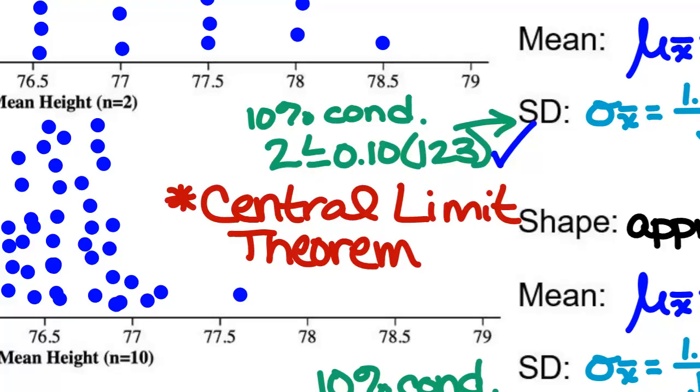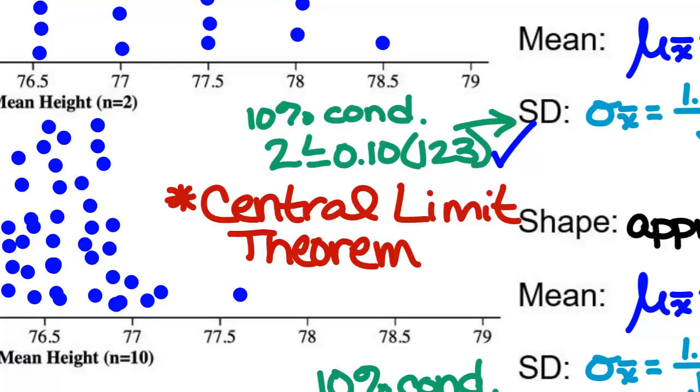Here, my population was not approximately normal. Friday before break, we looked at an approximately normal population, and the sampling distribution was approximately normal. Here, my population distribution was skewed left. And when we did small samples, the sampling distribution was not approximately normal. But as our sample sizes got bigger, we became more approximately normal.